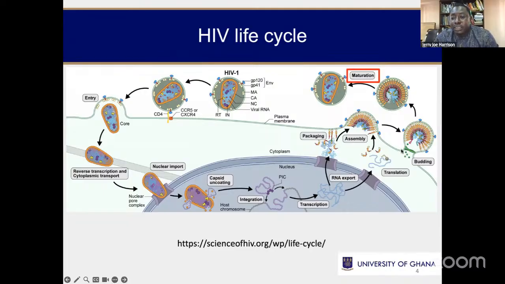When assembly is complete, the new virus buds off the surface as an immature virus, which under the microscope appears spherical. During that process, a protease which is encoded in the Pol gene gets activated, and that protease goes about cleaving all the polyproteins that have been produced from the viral RNA. And the capsid that is produced thereafter rearranges itself into this fullerene cone. And now the virus is ready to reinfect new cells.